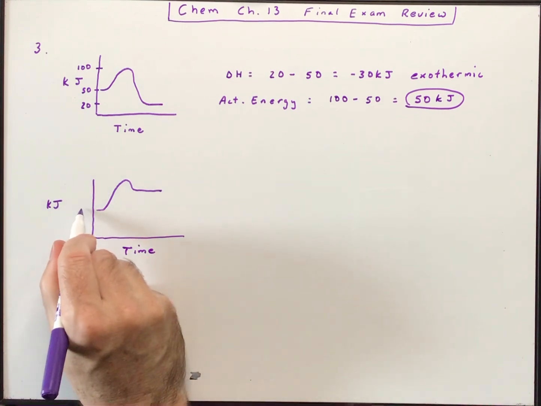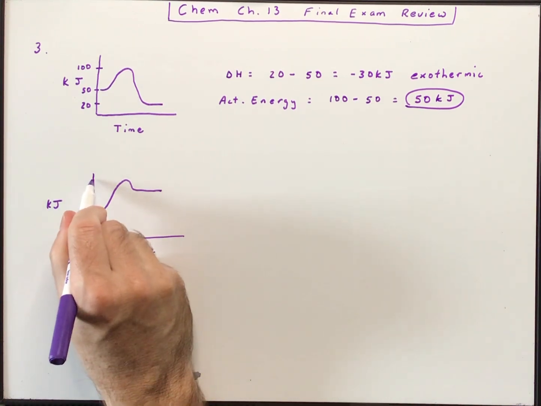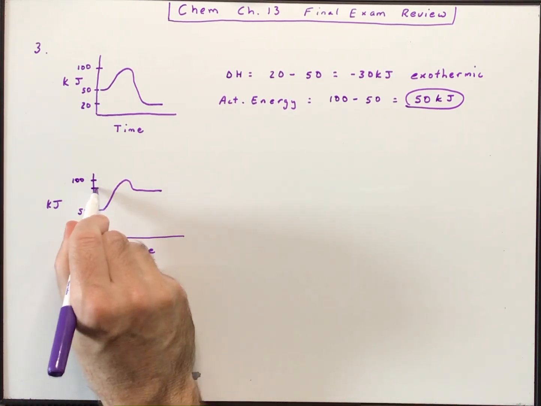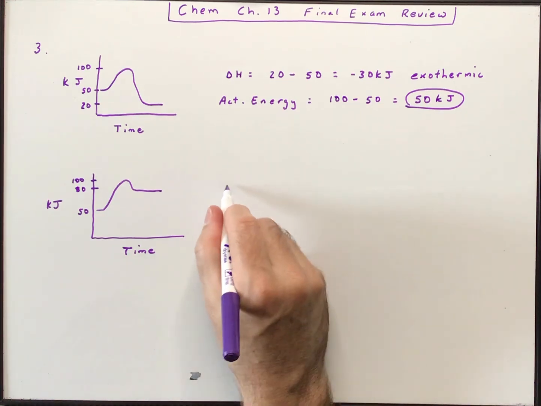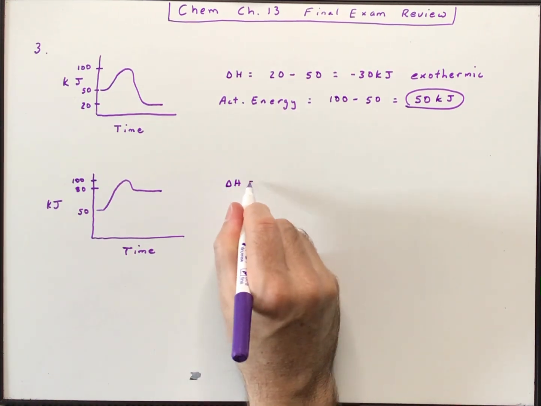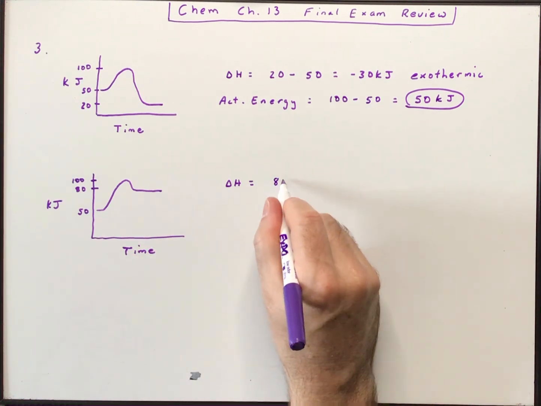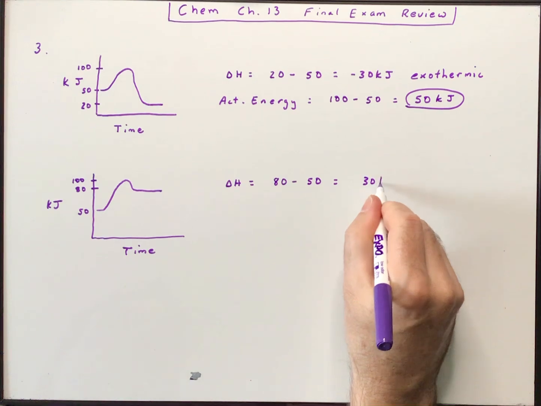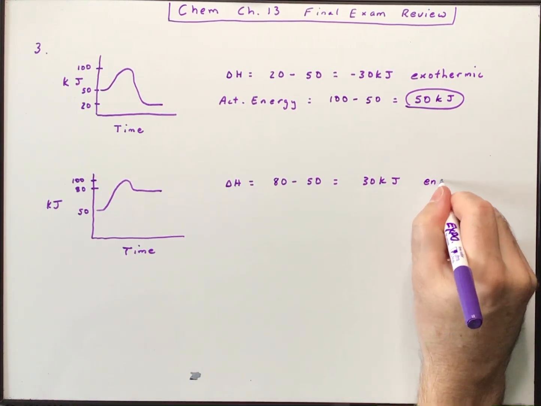So let's say this is 50 this time, and up here this is 100, and this would be 80. So delta H is the right side, which is 80, minus the left side, 50. So that's 30 kilojoules. It's positive, so it's endothermic.